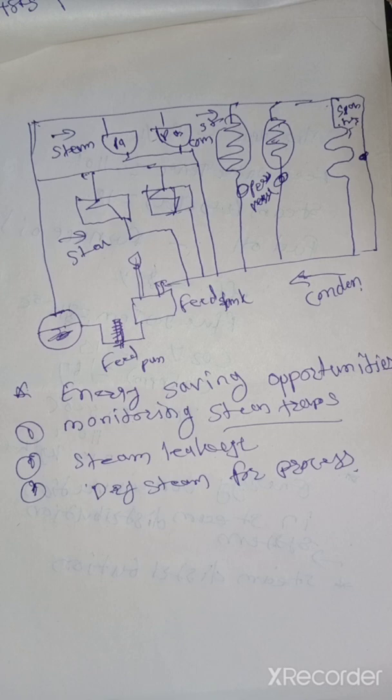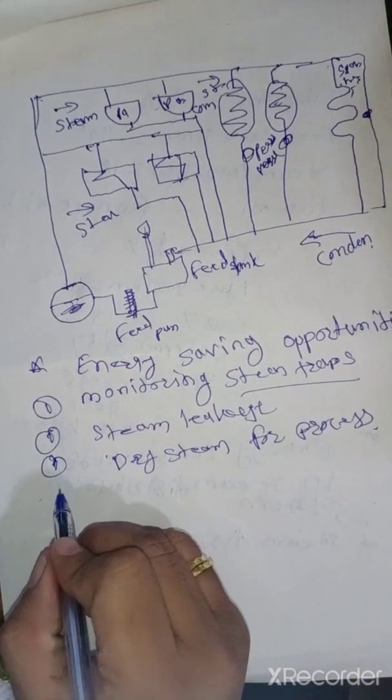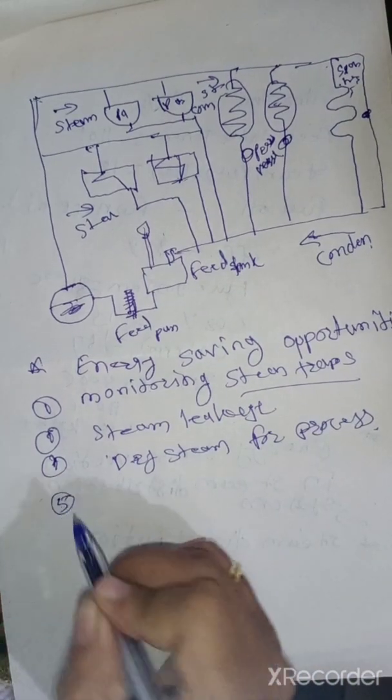Wet steam reduces total heat in the steam. Also, water forms a wet film on heat transfer surfaces and overloads traps and condensate. So dry steam is very important to conserve the energy.